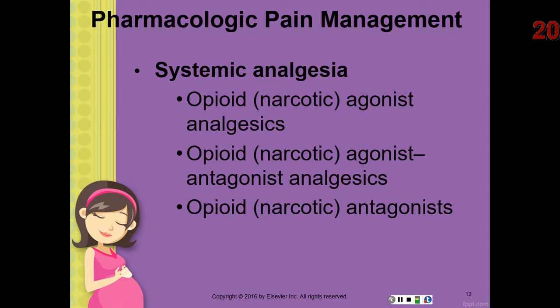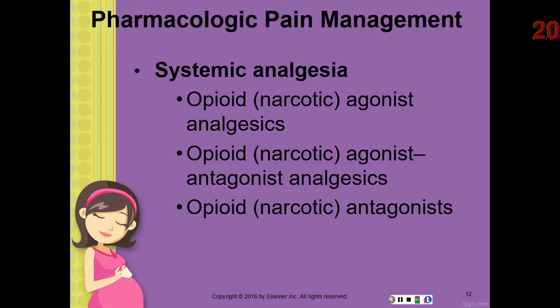Okay, so our systemic analgesia are opiates. The opiate narcotic agonist analgesics would be like fentanyl, which is very short acting, so sometimes we'll give a little of it, but Demerol, we used to give that.